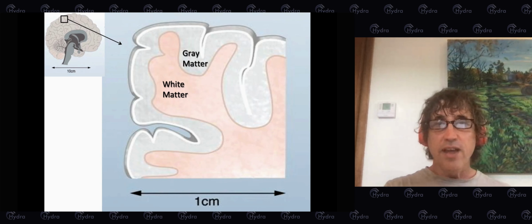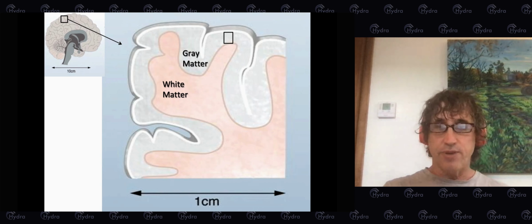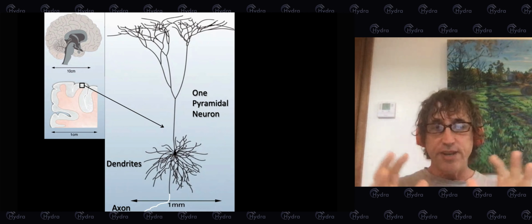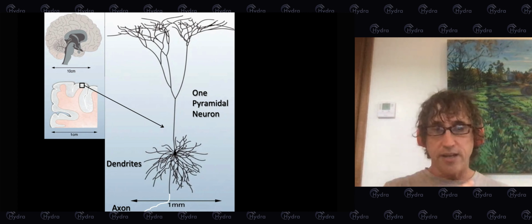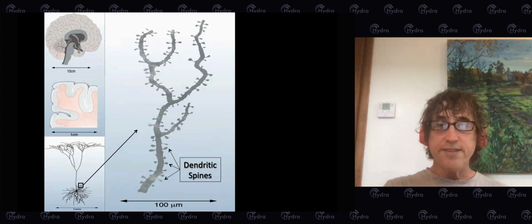Now, if I go down another factor of 10 into your brain, what will I see? Well, what I see here is the dendritic arbor, the incoming connections of one neuron, one pyramidal neuron. And if I go down and look another factor of 10 in there, what I'll see is one dendritic spine.